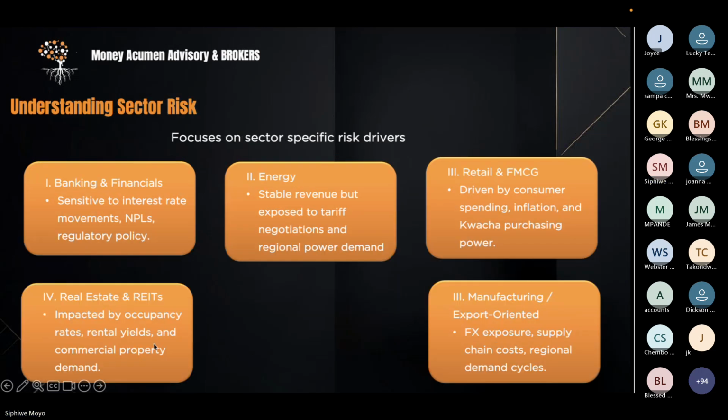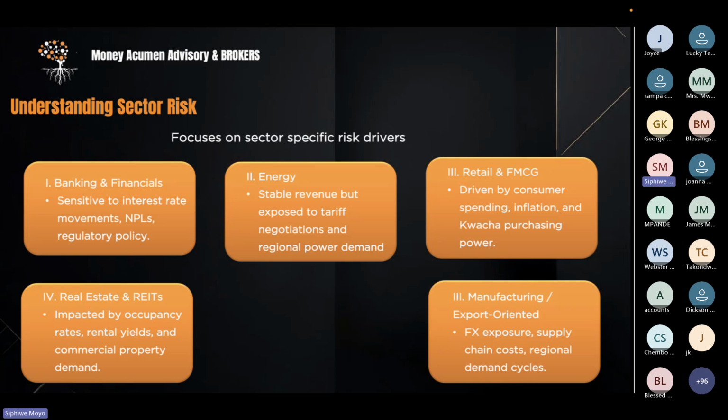Now, we need to understand sector-specific risks. We started by looking at the entire exchange as a whole, then narrowed it down to company-specific. Now we are looking at sector-specific. Remember, the companies listed on the exchange are from different sectors. So what are some of the risks at play in these different sectors?